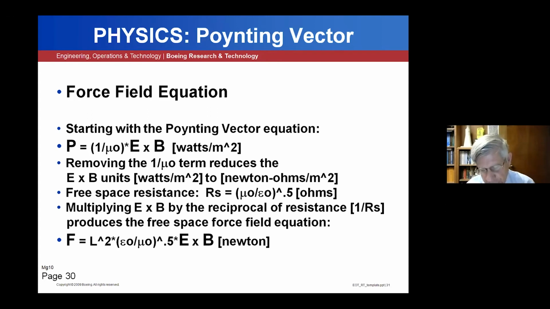And then the last one, you have to flip it over because it's the reciprocal of the free space resistance. And you wind up with force is equal to the length or the radius squared divided by the square root of mu0 over epsilon0 times E cross B, and the end result comes out in newtons. That's one way of generating it.